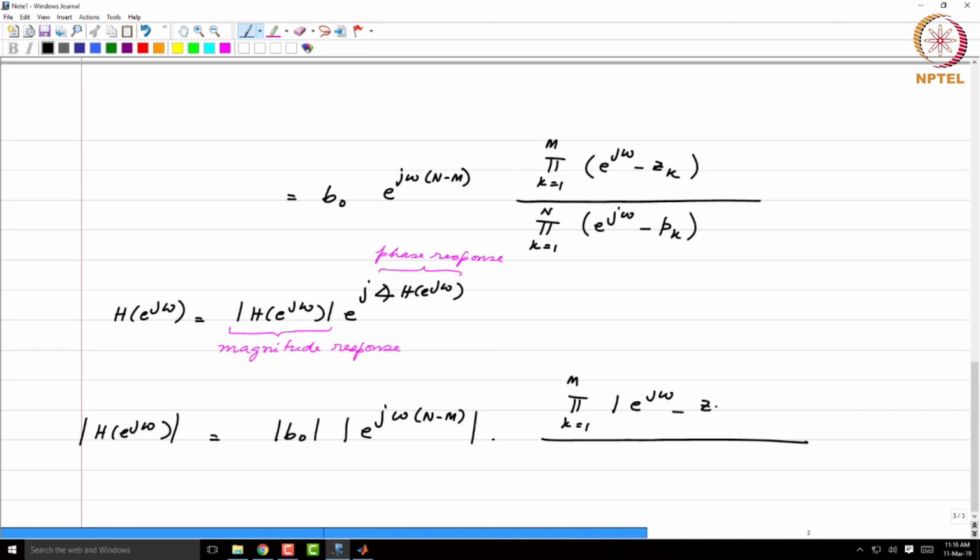So, this becomes this, and in the denominator you have a similar term, and this of course is 1.